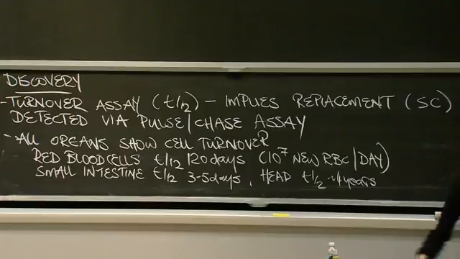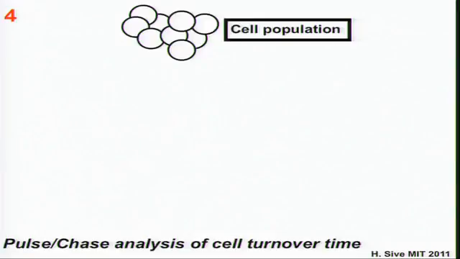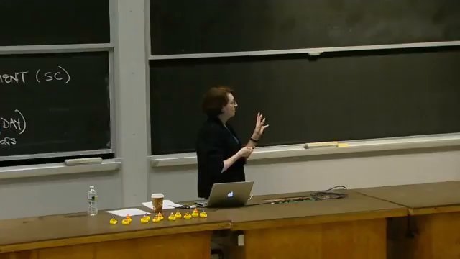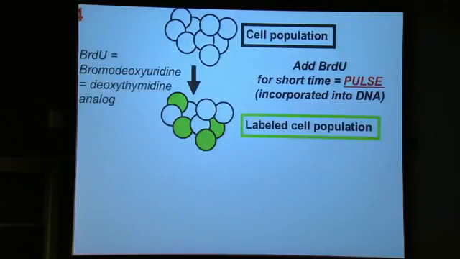If you look at your first handout, it diagrams a pulse chase assay where a cell population is labeled with a nucleotide analog. It's a normal nucleotide, but it's got a bromine added to it, and it acts like deoxythymidine, gets incorporated into DNA, and you give just a short pulse of this nucleotide analog, so only some of the cells get labeled, and you only give it for a short time, so you get a labeled cell population.